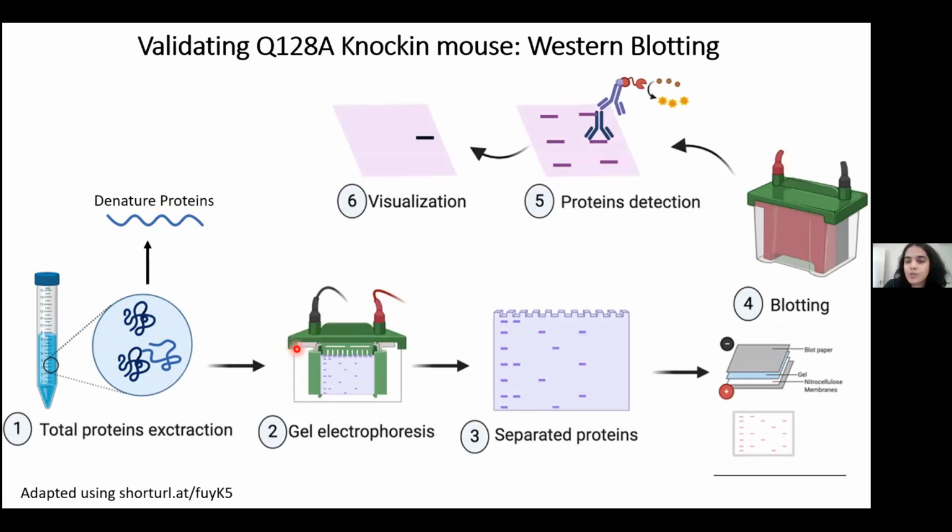We use charge to separate out to a nitrocellulose membrane, again using charge, and then use immunoblotting. So we have a primary antibody binding to the antigen, a secondary antibody tagged with an enzyme binding to the primary antibody, catalyzing a reaction. When you add a substrate, it generates a product, and that product gives you a signal so that you can visualize the bands.